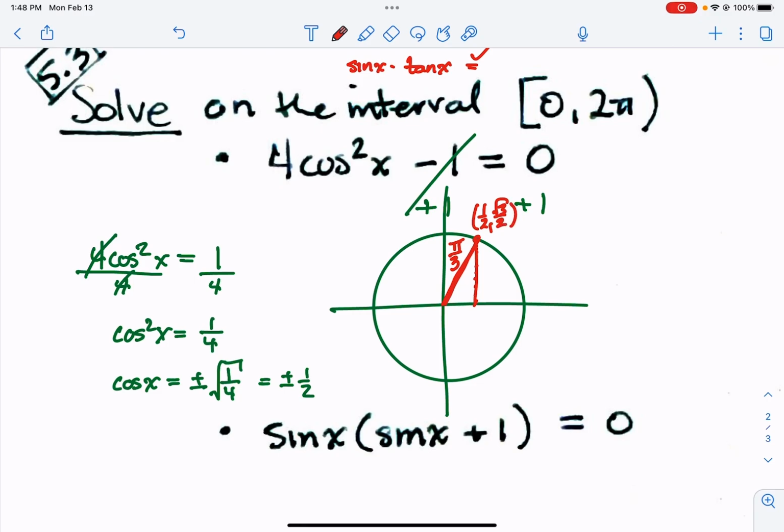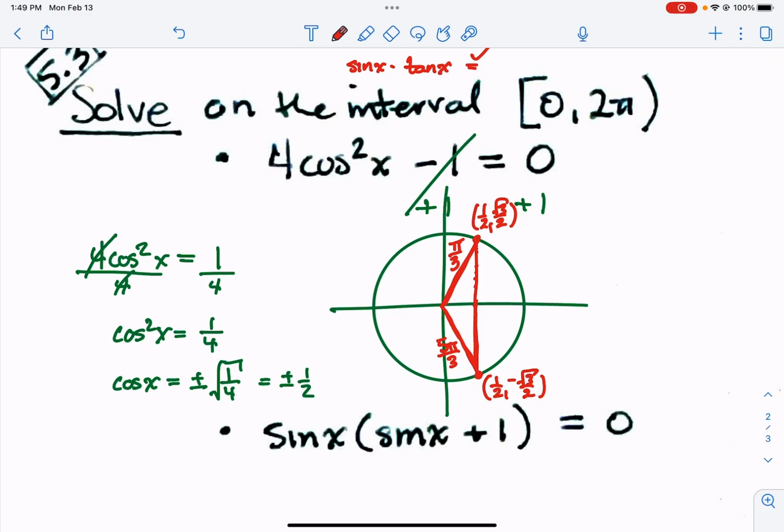So cosine is equal to 1/2 there. In fact, just by symmetry, whatever this angle is, if you fold it down, that should also give me a cosine of 1/2. It's going to have coordinates of positive 1/2, negative root 3 over 2. So that's another one. What is that angle? That's 5 pi over 3.